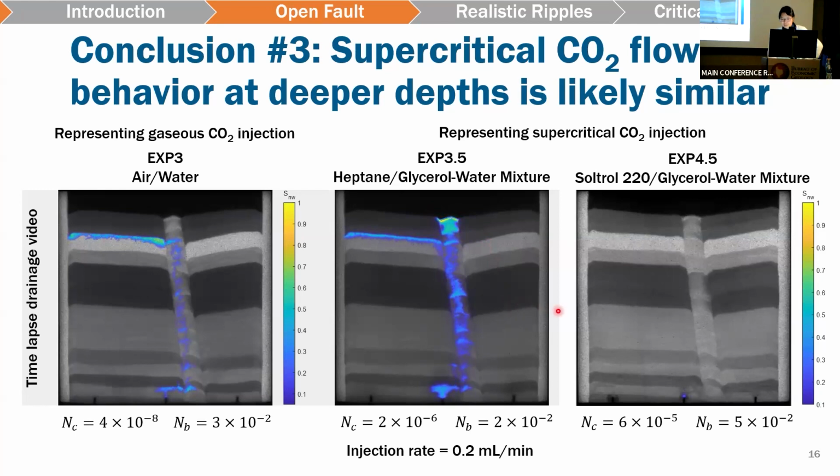But if we look at the Soltrol 220 case, we can immediately observe a marked difference in the plume behavior. Now you see the injected non-wetting phase invades a lot more of the pore space, which means it has a much greater sweep efficiency.